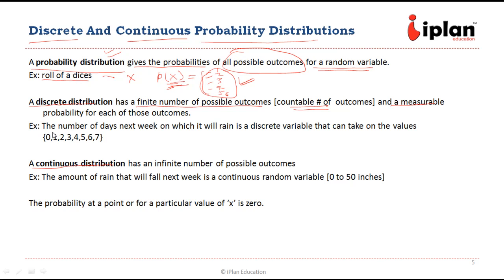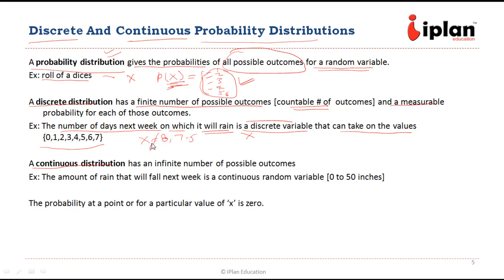For example, the number of days next week on which it will rain. So this is a random variable. It is a discrete variable because it can take only one of these 8 values. From 0 to 7, only these numbers it can take. It cannot have any other value, for example 8 or 7.5.